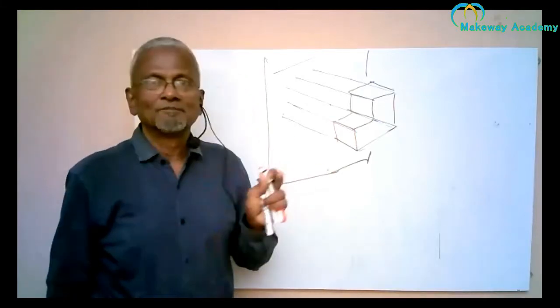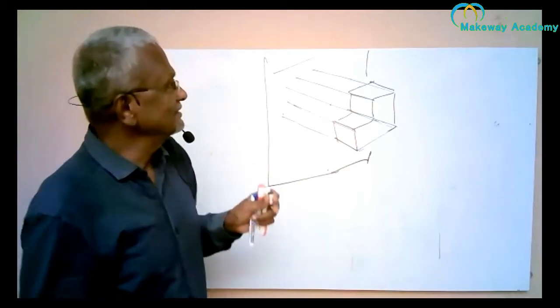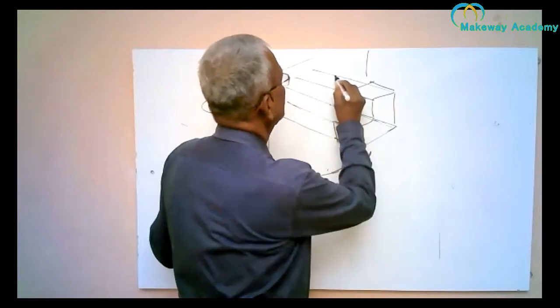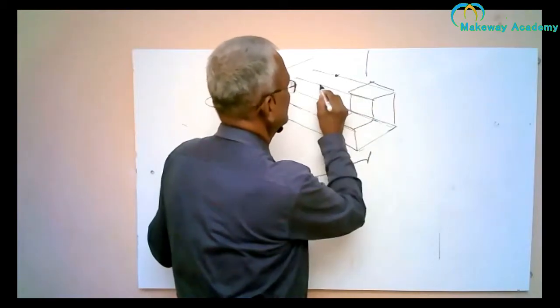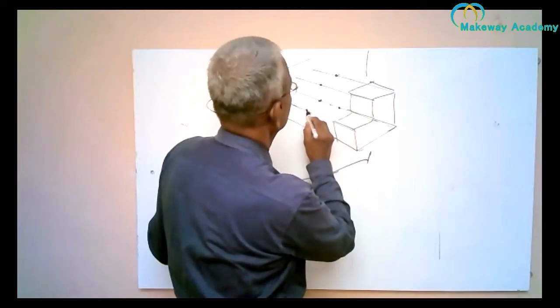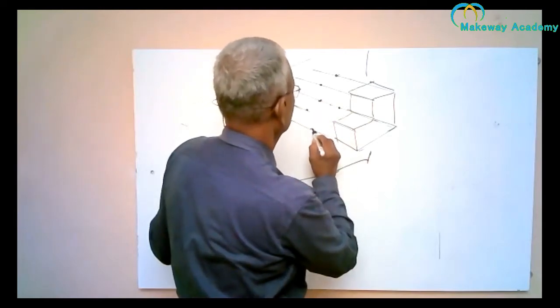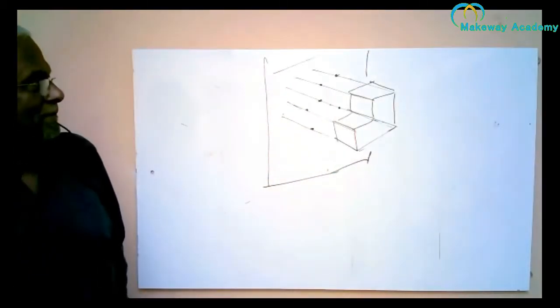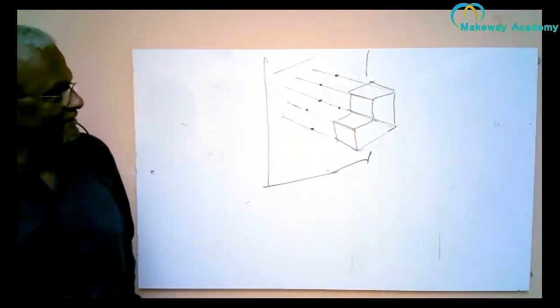So I am going to mark the point of intersection. So this is one point. This is another point. This is one more point. One more point. Okay. I have marked all the points of intersection.